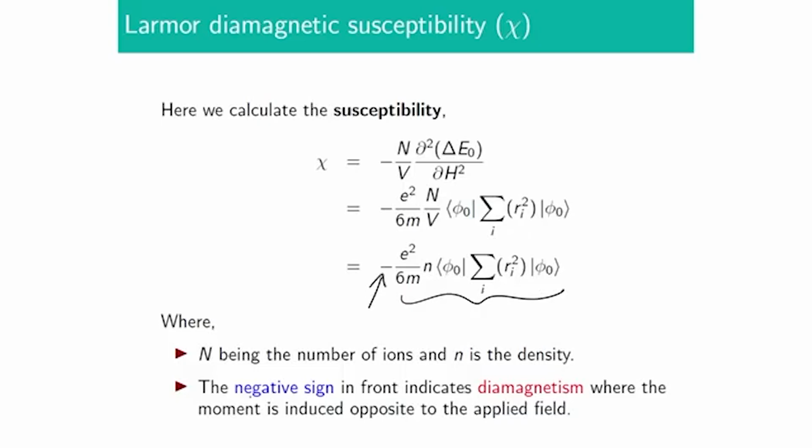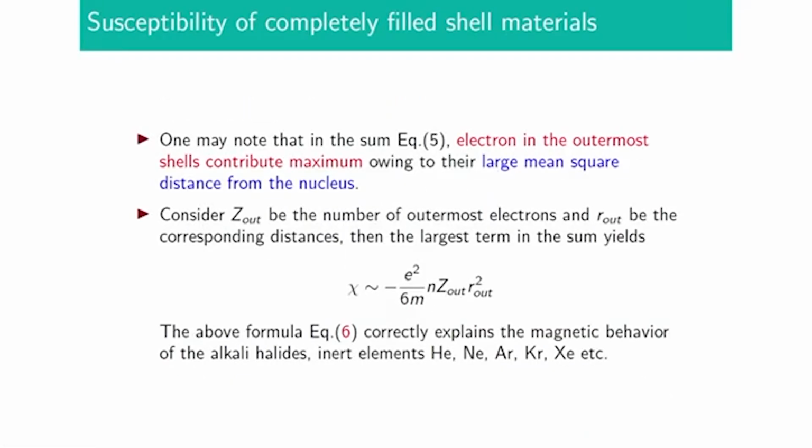Because of this negative sign, you see that there is a negative sign that indicates diamagnetism, and small n is nothing but n over v, that is the density of these ions that are involved. So, this is an expression for the magnetic susceptibility that we get, and these are for the insulators.